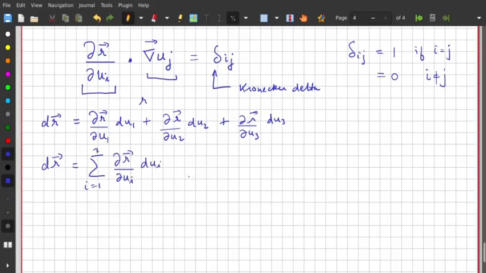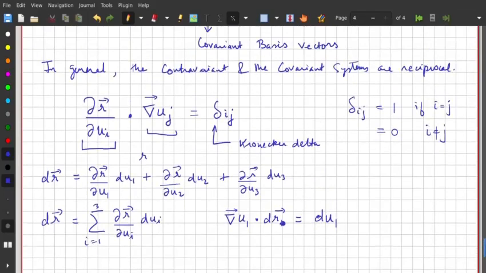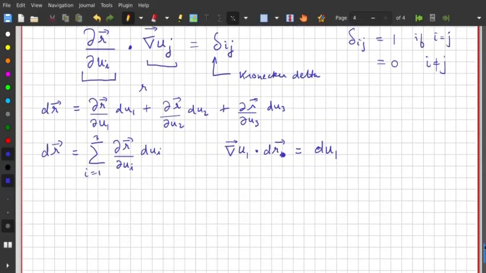Okay, and let's take the gradient of u1, and from our earlier studies of vector calculus we know grad u1 dot dr is du1. That's from where the idea comes that at u1 equals constant, grad u gives the normal direction.